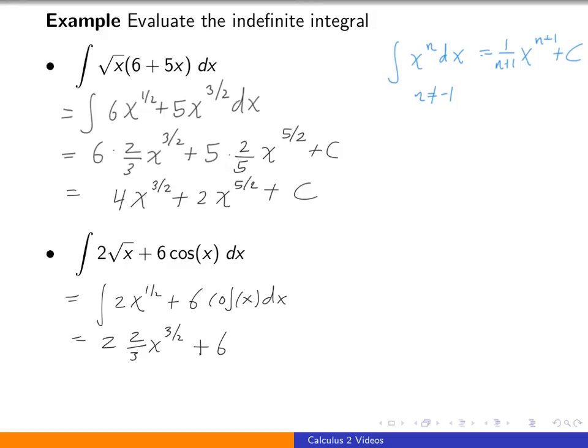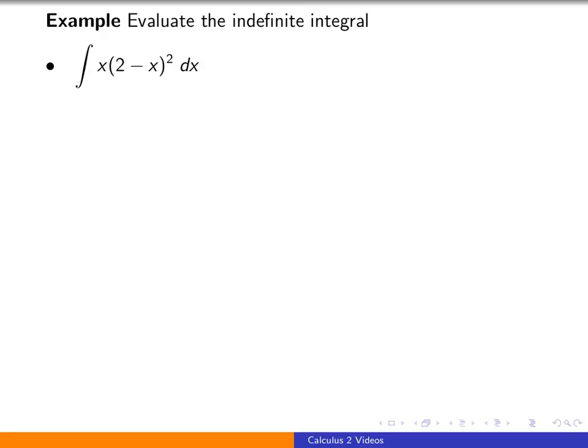And the antiderivative of cosine is sine, plus c. And you could leave it in this form. When I see 2 times 2, I'll write that as 4. So 4/3 x to the 3/2 plus 6 sine of x plus c. And hopefully, indefinite integrals are going to get much more efficient as you practice more examples.